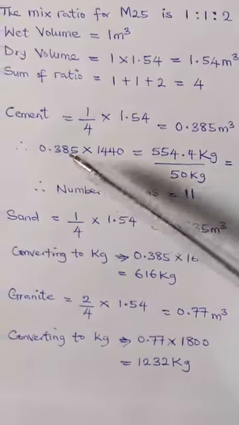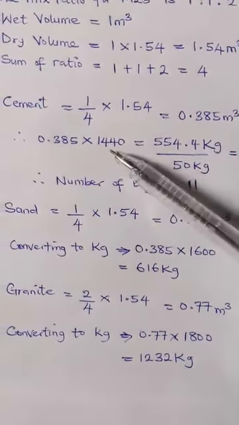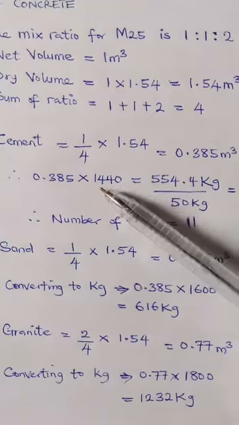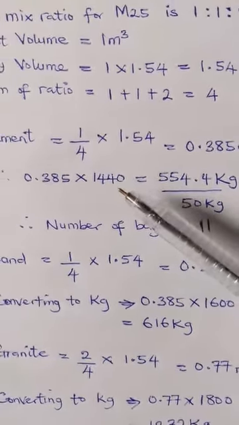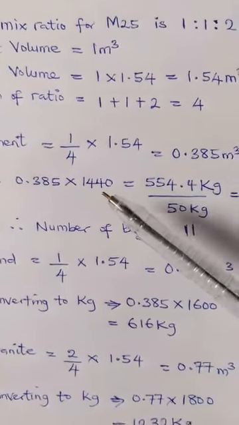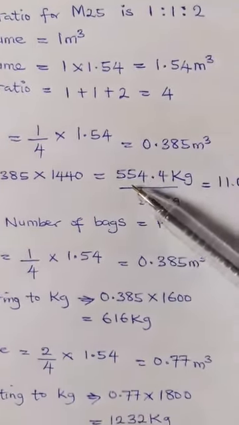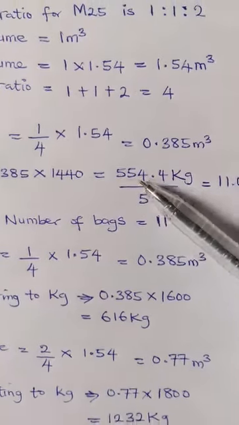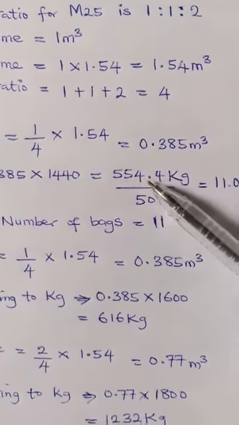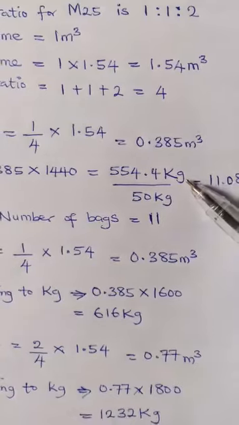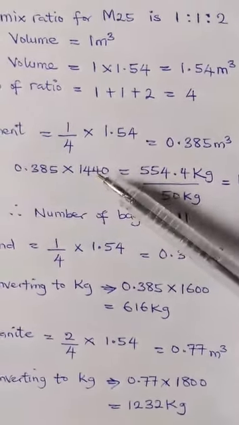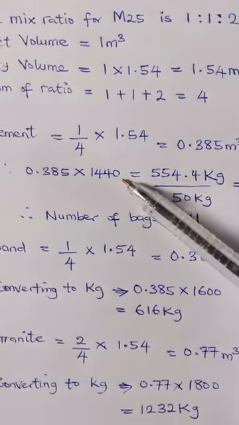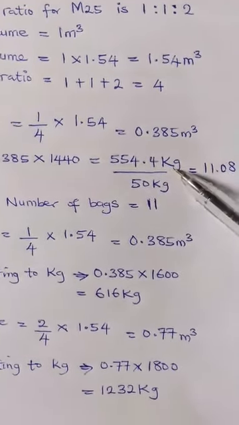So you multiply this volume by the density of cement, which is 1,440 kg per cubic meter. When you multiply it, you have 554.4 kg, because the cubic meter here cancels the cubic meter in the density, so you are left with kg.